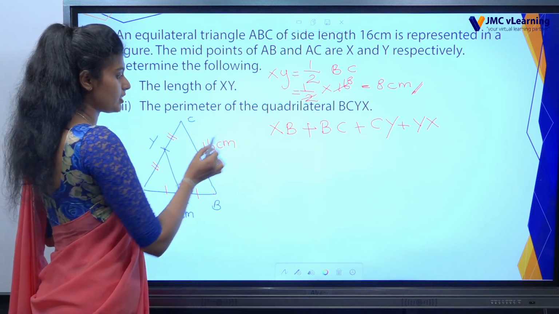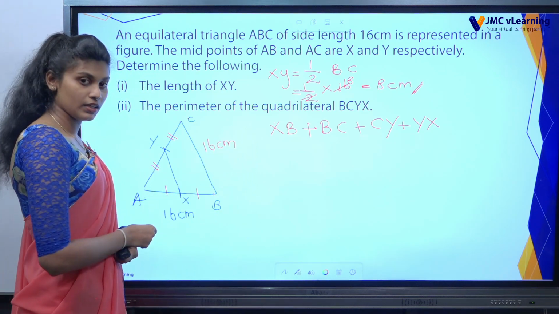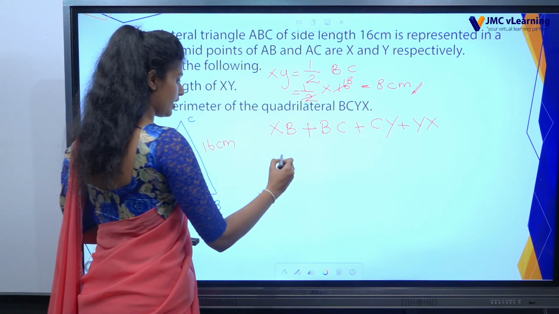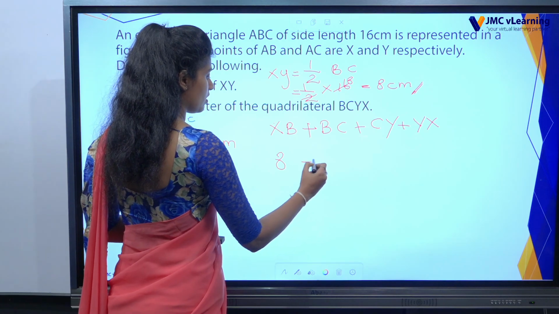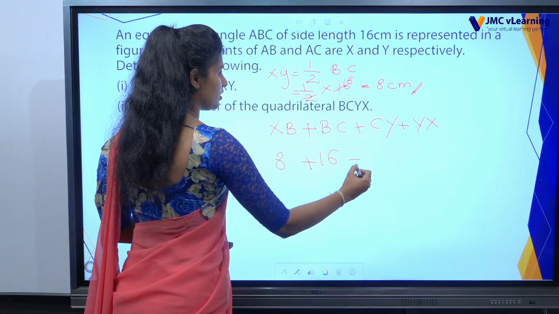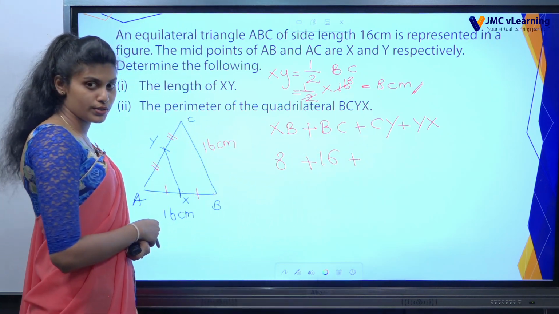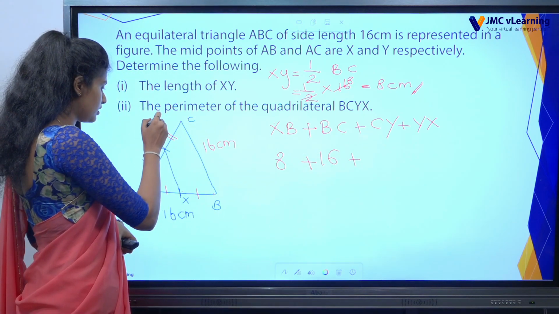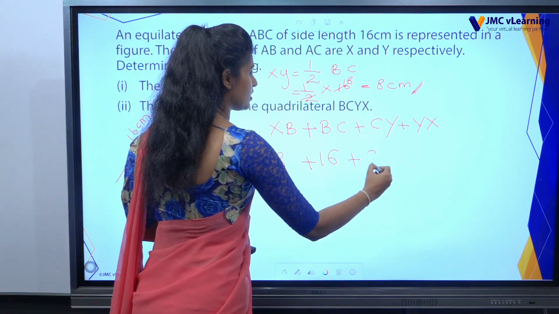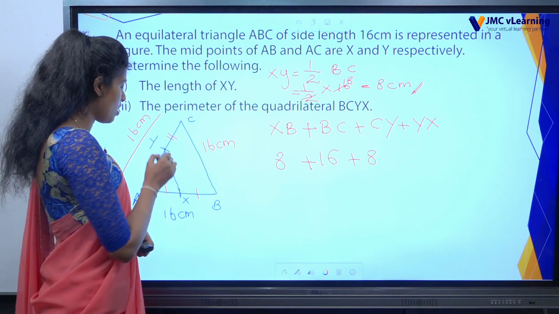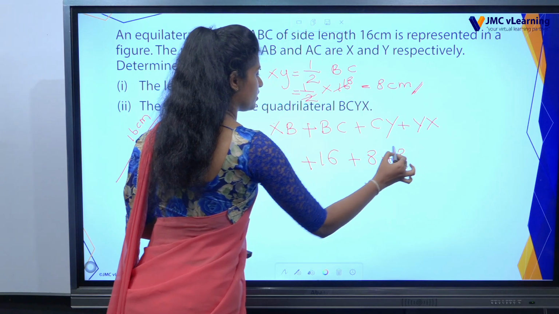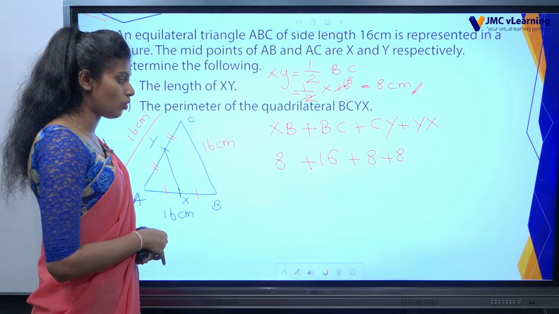Then what is the length of XB? This is half of 16 centimeter, so the XB side means 8 centimeter, plus BC means 16 centimeter, then CY is also 8 centimeter because this length is also 16 centimeter, then YX we have found is 8. Now you have to add all this.